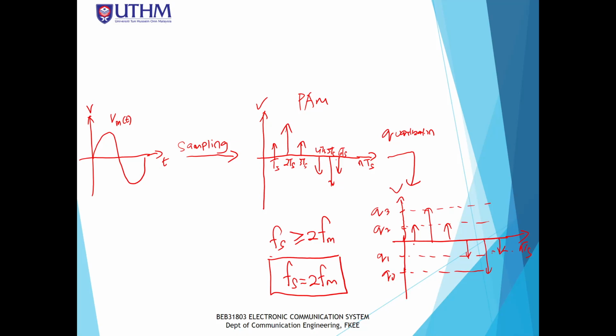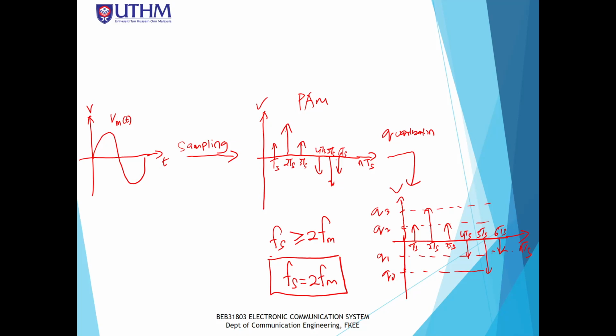This is at Ts, 2 Ts, the third sample time, 4th sample time, 5th sample time, and 6th sample time. In my example, I'm using 4 levels of quantization.